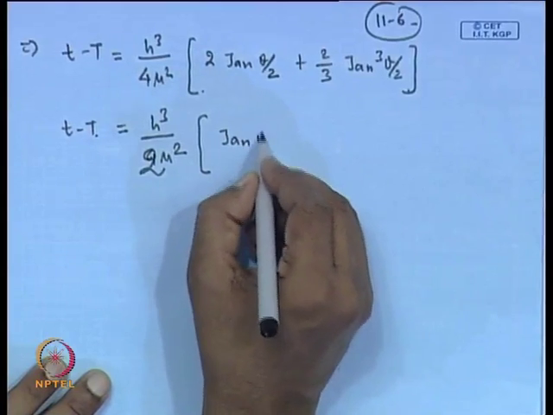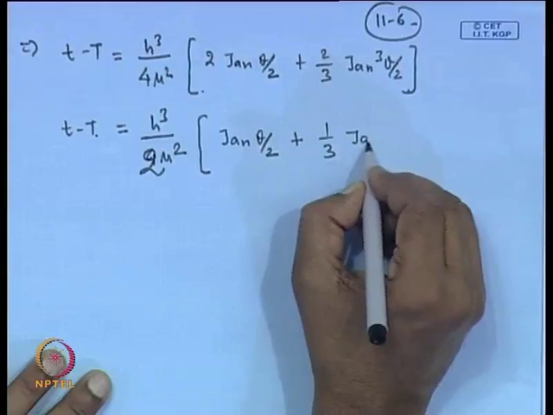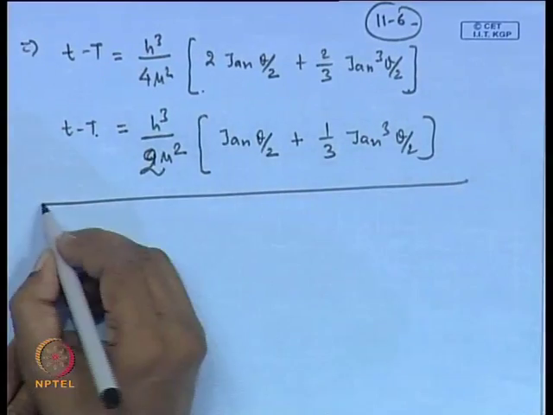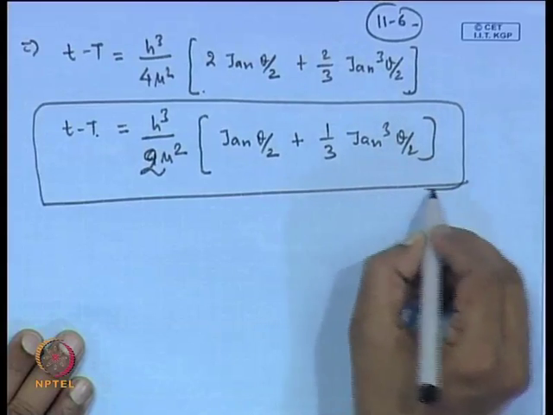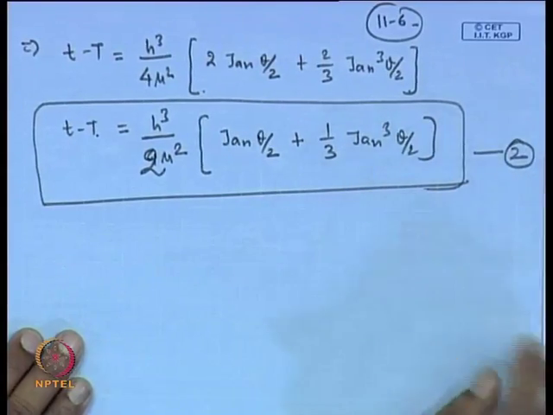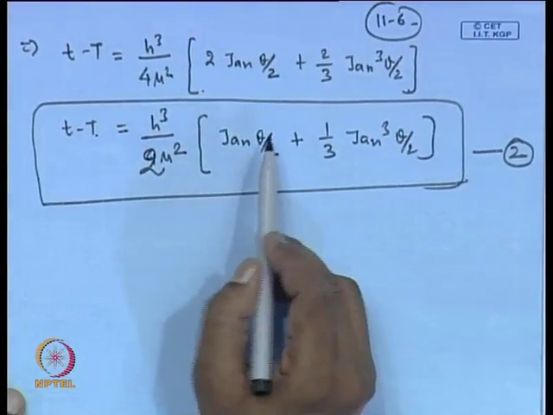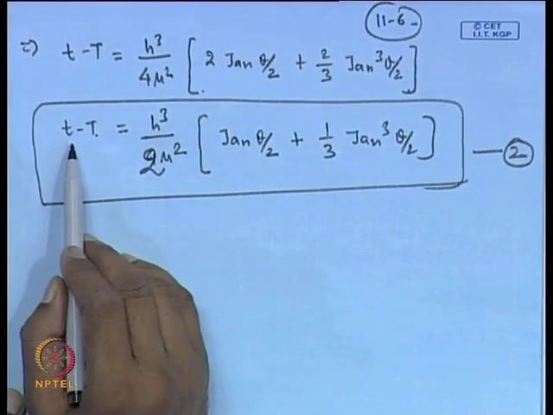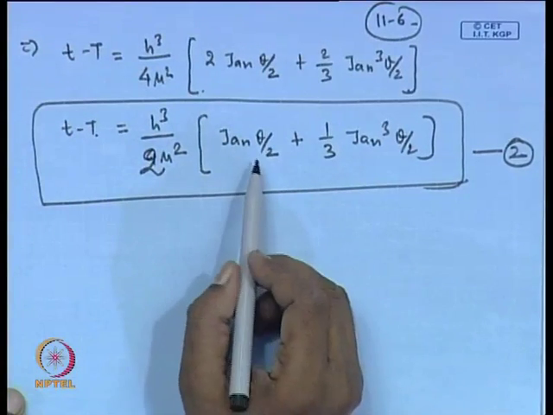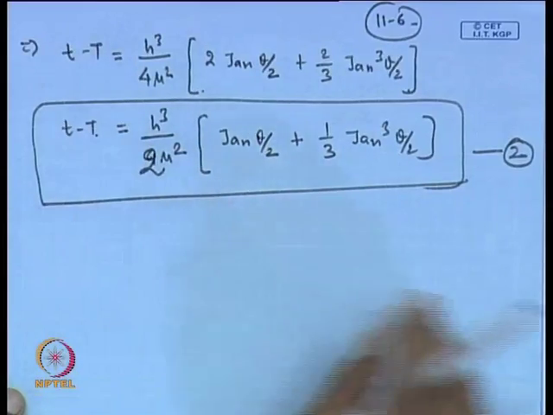So this is tan theta by 2 plus 1 by 3 tan to the power 3 theta by 2. This is our equation number 2. This equation gives the relation for theta. If you know the time t, then the value of theta at that time can be calculated by solving this equation.